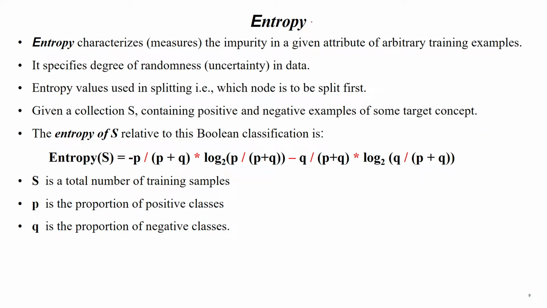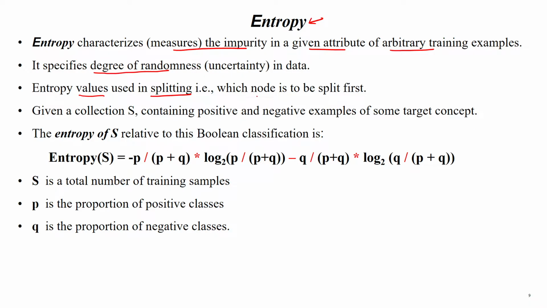The entropy is one of the terms in decision tree which is used to measure the impurity of given attribute of random training samples. The entropy is specifying the degree of randomness in data samples, which is having the values to use for splitting the training samples based upon the information gain value.